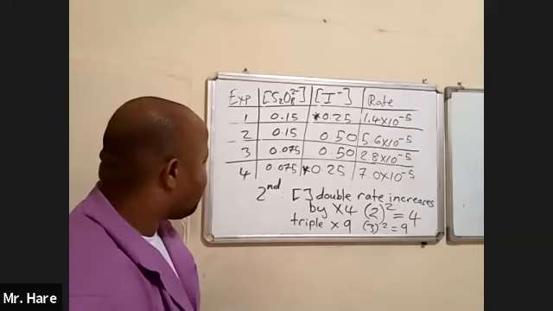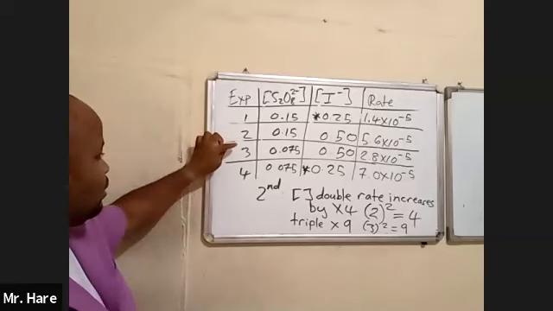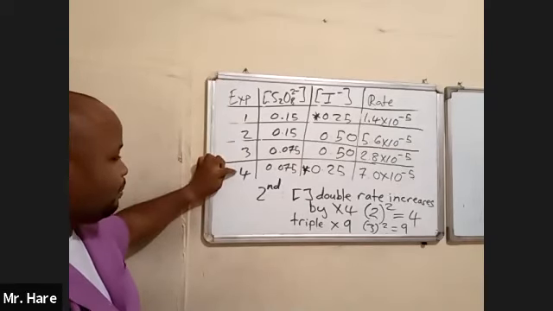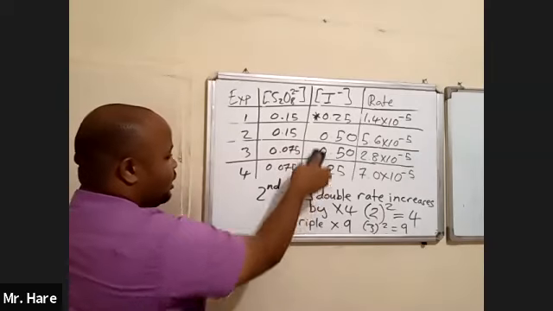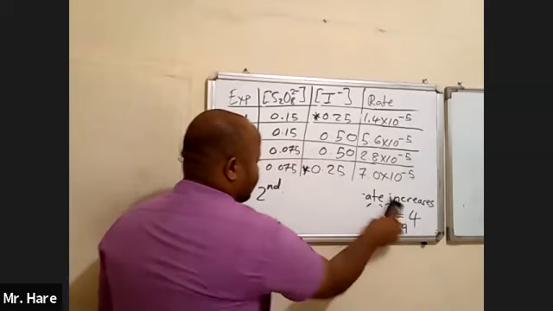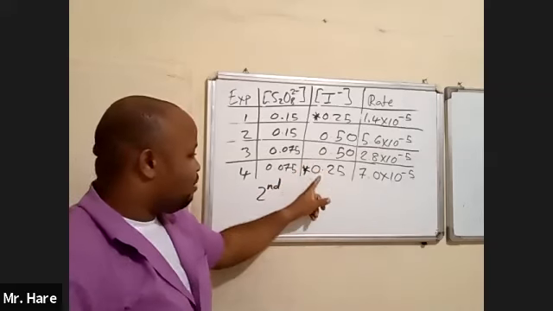And to prove our point again, right? Let us use experiments 3 and 4. So how did we change the concentration? We decrease it by a half.